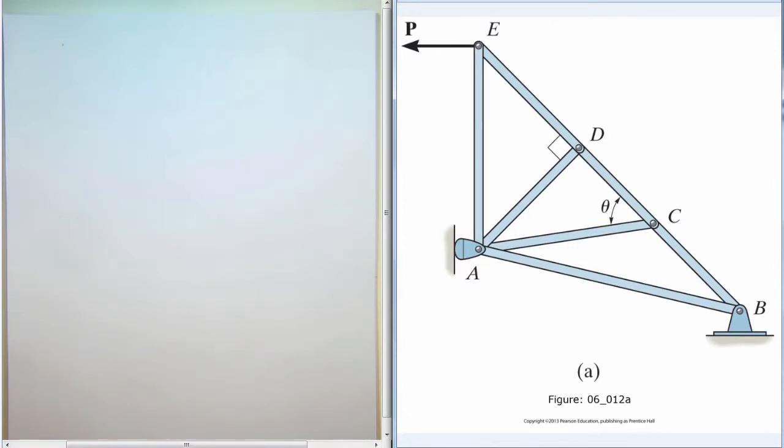So this one criteria that's shown here is when you have three members that are connected at a joint, and two of the members are collinear. So if that's the case, then the third member is a zero force member, assuming that there's no external force or support reaction applied to that joint.